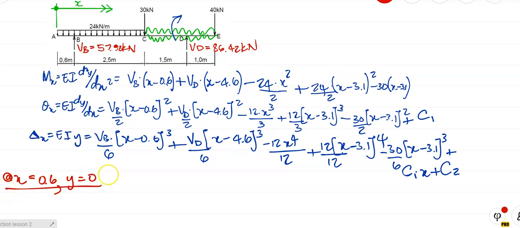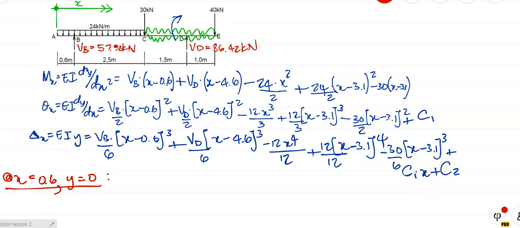Did you get that? At x equal to 0.6, the deflection is 0. We know that. So I'm going to put 0.6 into that equation and put 0 into there, okay? And from there, we'll be able to determine C1 and C2.